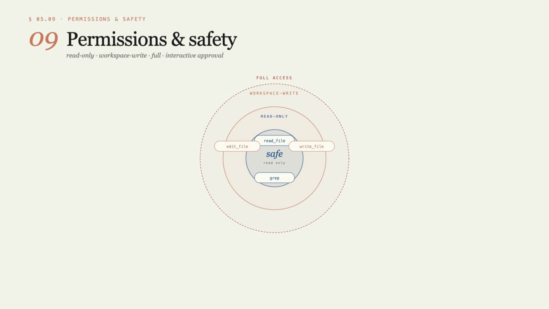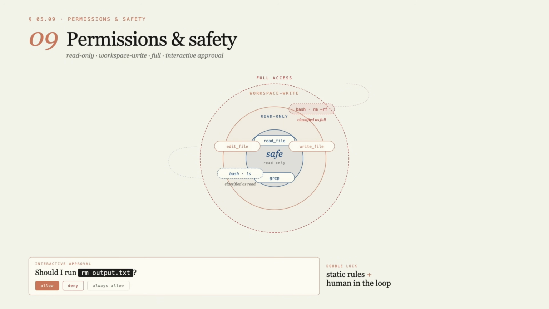The job of the harness is to enforce that at dispatch time, before the tool even runs. And for tools like Bash, the harness even classifies the commands dynamically. So listing files is going to be read-only. If you want to delete something, that will need full access. And the harness figures it out by parsing the command's string.